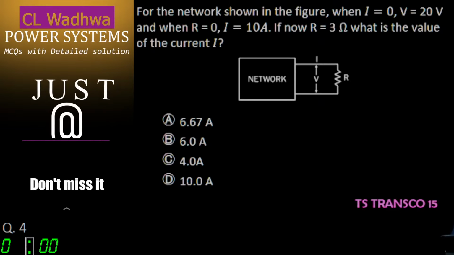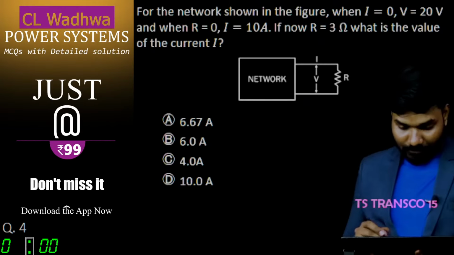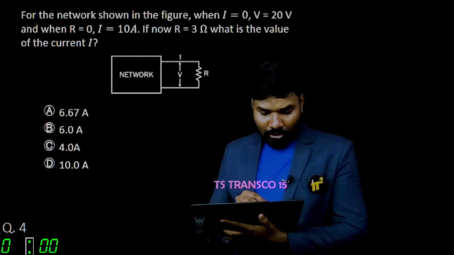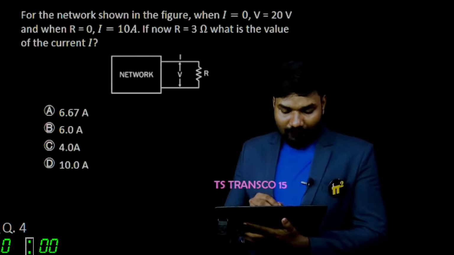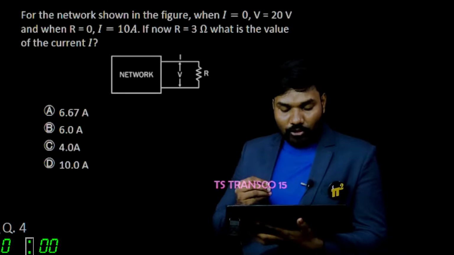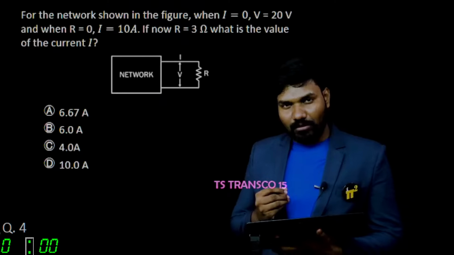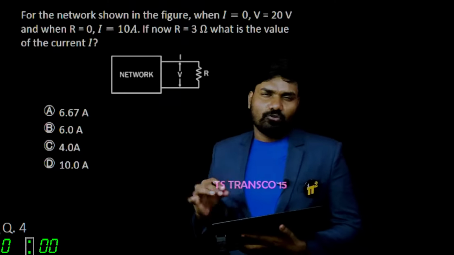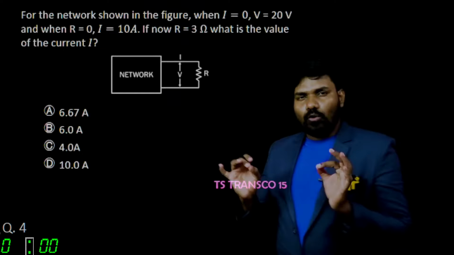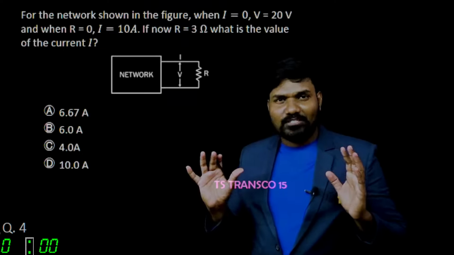Now it's my time, your time's up. For the network shown in the figure, when I is equal to 0 and V is equal to 20 volts. I equal to 0 means what? Open circuit or short circuit? Tell me. Simple question.